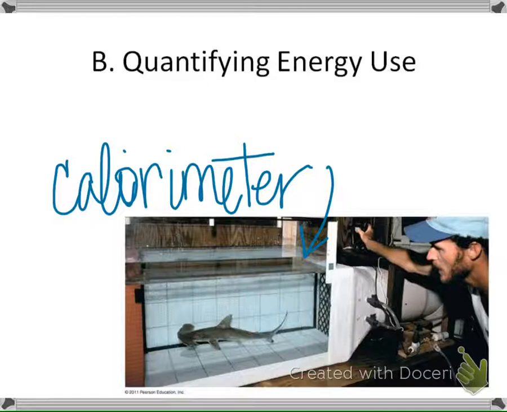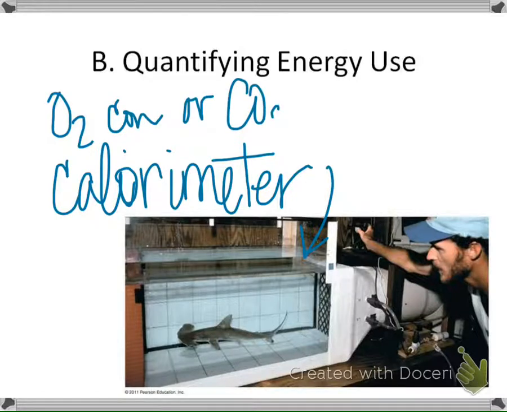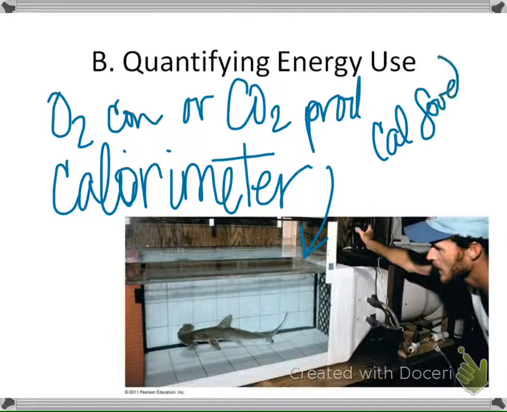Or you can measure oxygen consumed or CO2 produced. Or you can do over a long-term period the calorie content of food versus energy lost in waste.